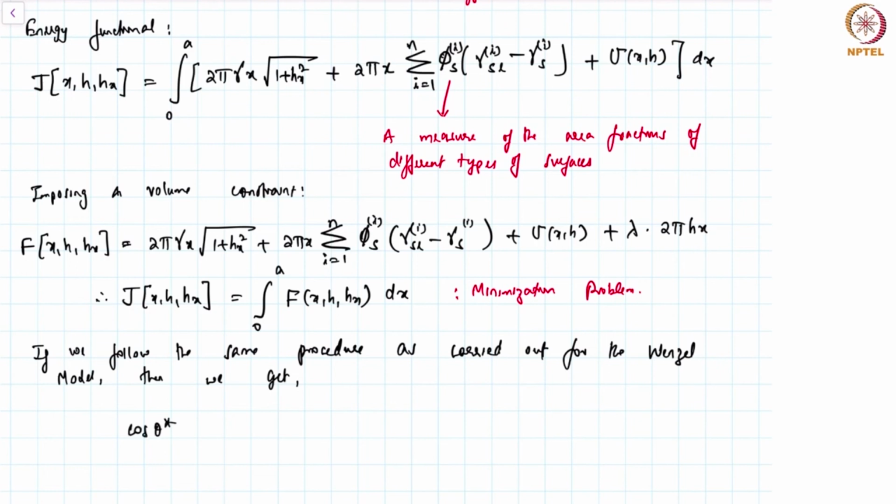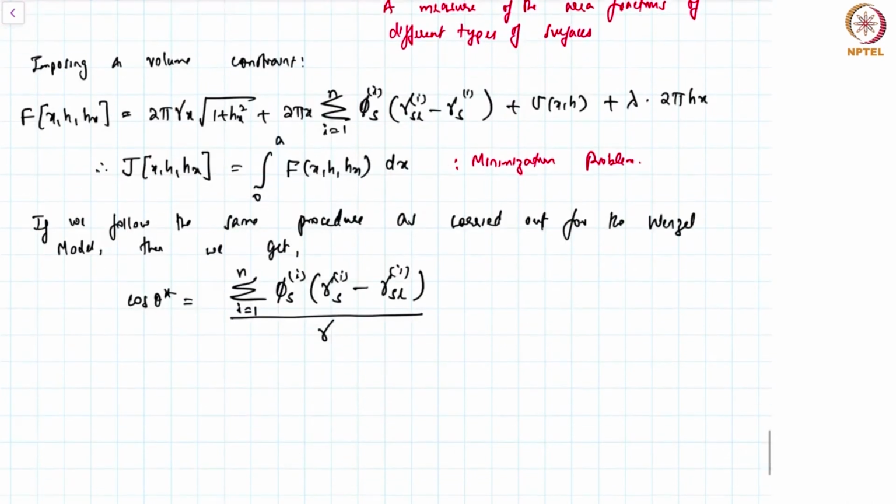cosine of theta star will simply be summation of i going from 1 to n, phi s of i times gamma i of s minus gamma i of SL, divided by gamma.